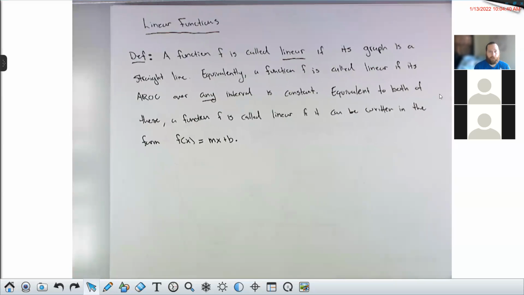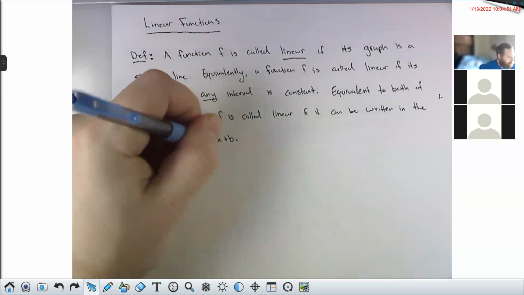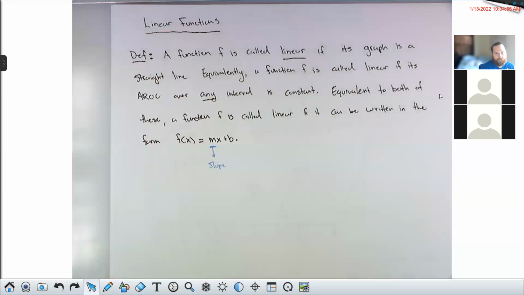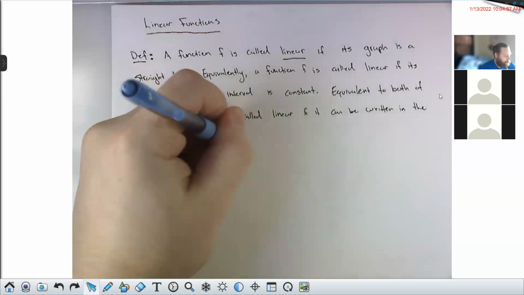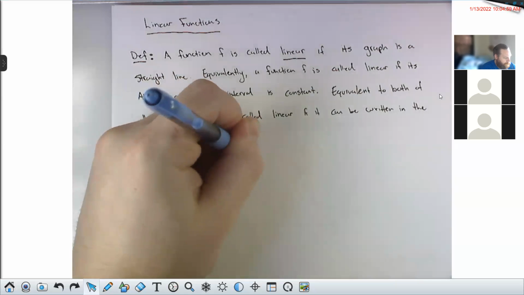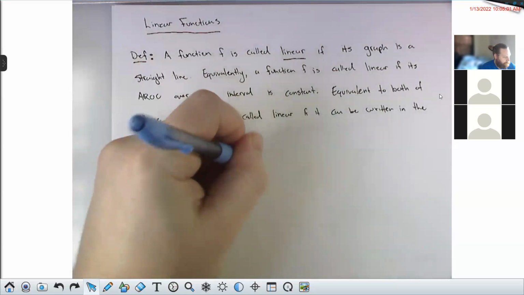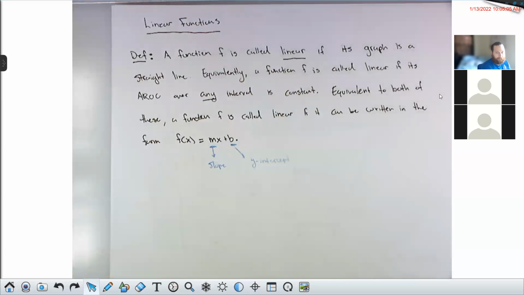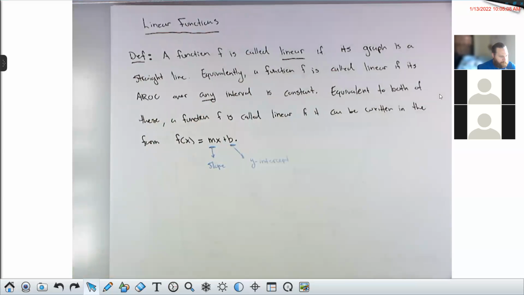Linear functions are those that can be written as mx plus b. M here is called the slope. It is a constant. B here is called the y-intercept.